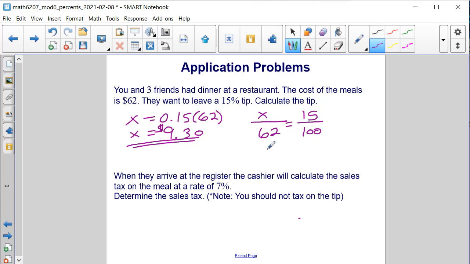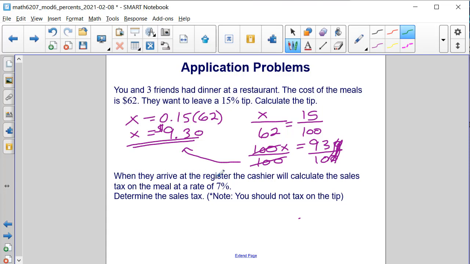So then if we cross multiply, we would get 100x is equal to 62 times 15, which is 930. And then if we divide both sides by 100, the first set of zeros cancel out, and then 93 divided by 10 is $9.30.